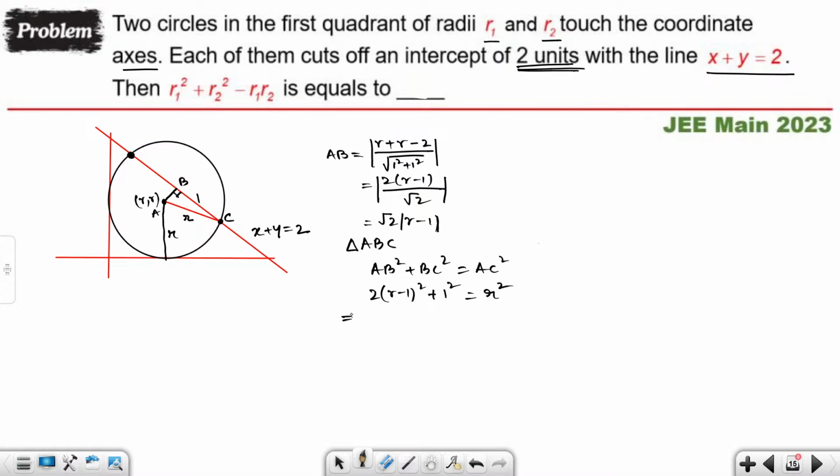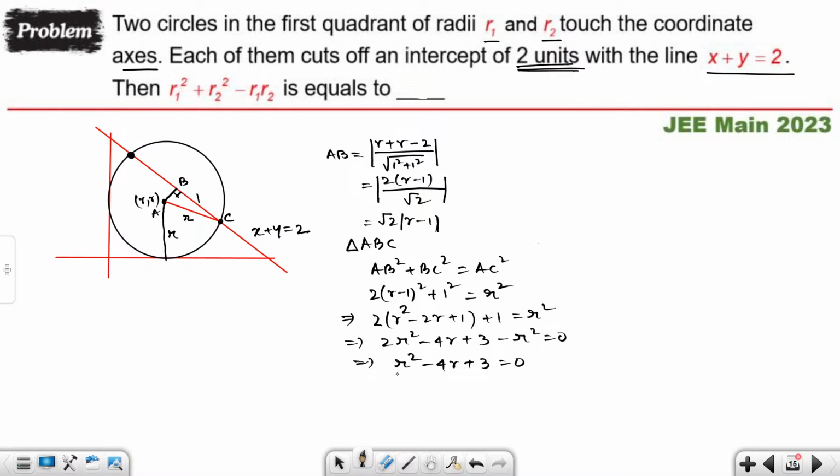Right? So now if we open the brackets, we are going to have 2r square minus 4r plus 3 minus r square is 0. Now, can you observe one thing? As I told you in the beginning of the question, there is no need to do this sum by taking the two circles. As they are symmetric, you will do it by taking only one circle, and automatically two circles will come.